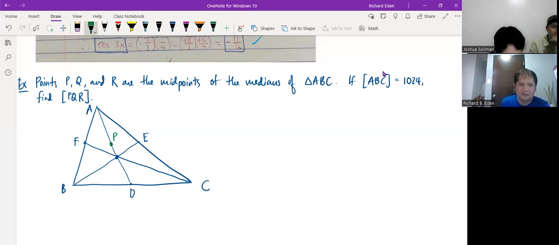It seems untrue because in the picture it looks like it's intentionally off placed. So are F, P, and E collinear? What do you think? I don't think so po.